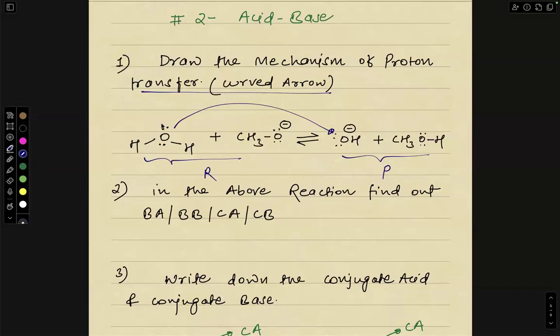It means H2O donates its proton. So the proton donor is what? Acid. So this is the acid. CH3O minus becomes CH3OH. It means it is a proton acceptor, and the proton acceptor is my base. It makes sense? Please tell me, everyone.